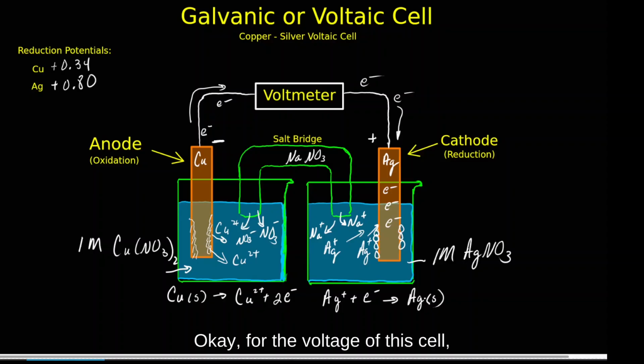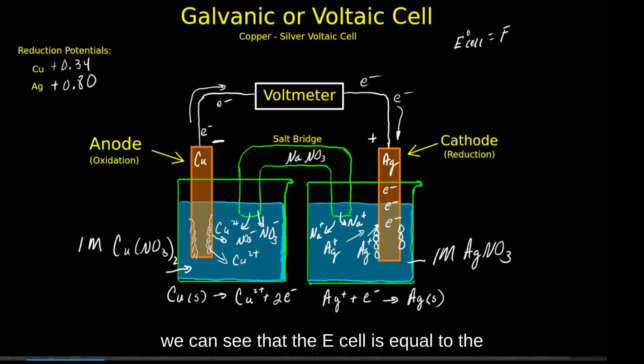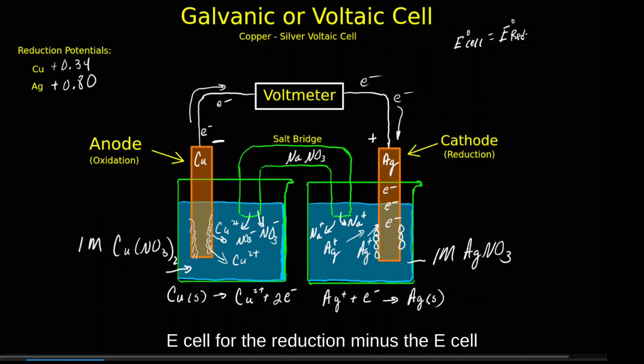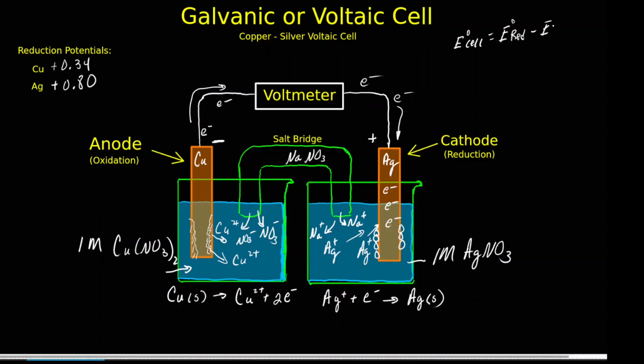Okay, for the voltage of this cell, we can see that E cell is equal to the E for the reduction minus the E for the oxidation.